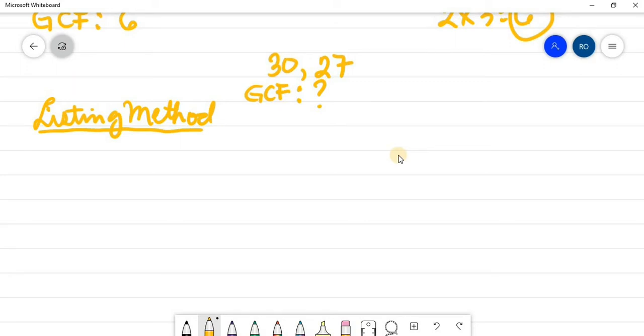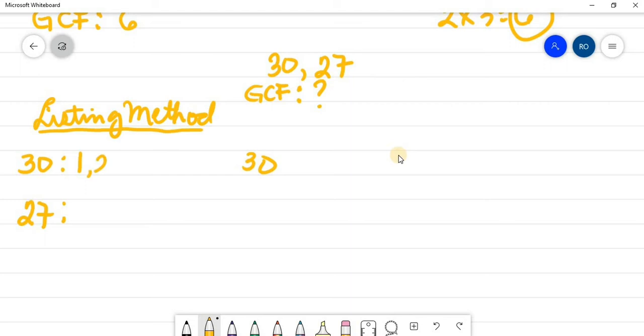So we have 30 and 27. So let's try to identify their factors. Factors of 30 are 1 and 30.